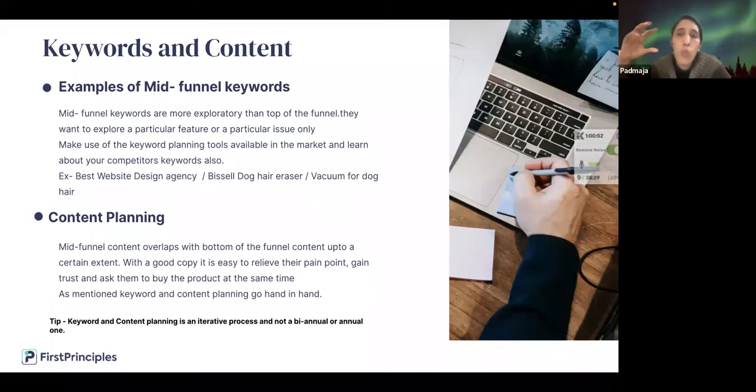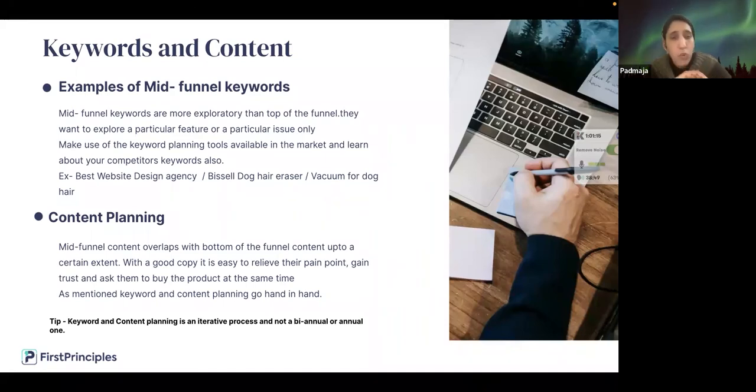So how we formulate the content, the planning of the content, and the planning of how exactly we use the keywords to weave the story and make the user go through the funnel all at the same time, that's the main thing. And the biggest tip here is that keyword and content planning is really an iterative process. It's not an annual one.